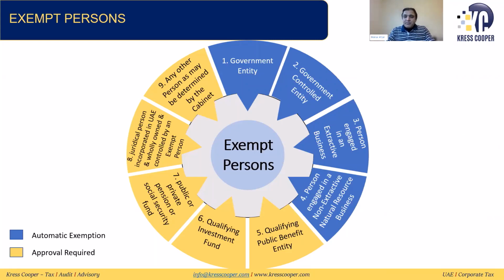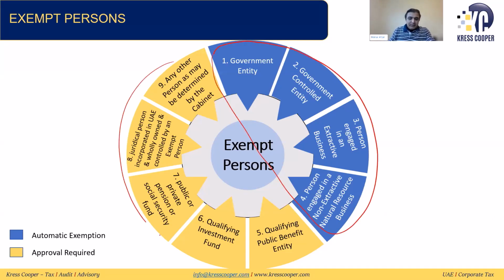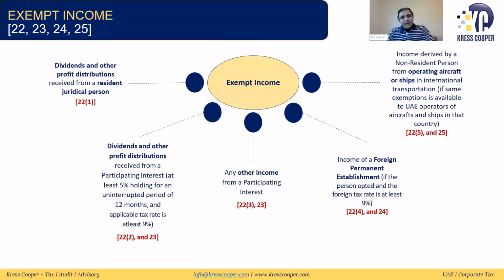These are by default exempt from the UAE corporate tax law. Some of these persons will require approval from the respective authority to be declared exempt from the UAE corporate tax law. Regarding exempt income, as we discussed, a taxable person might have taxable income and might have exempt income.